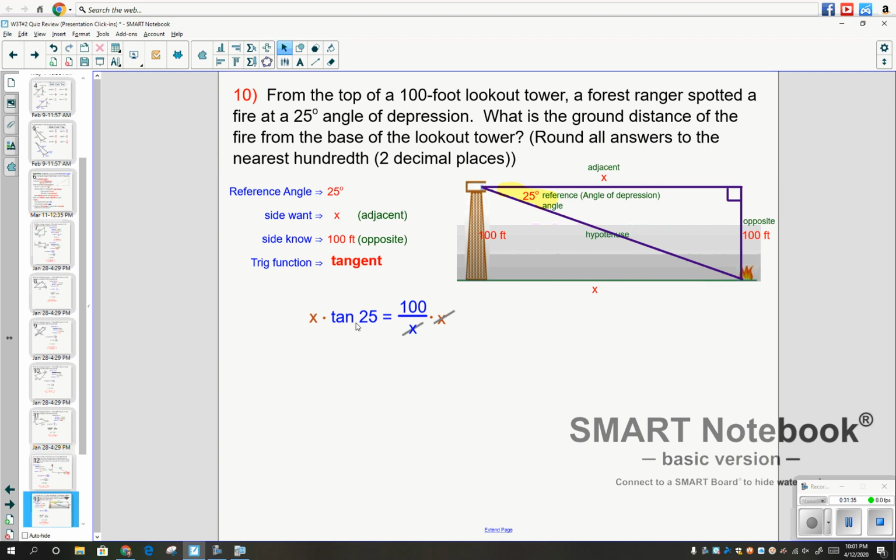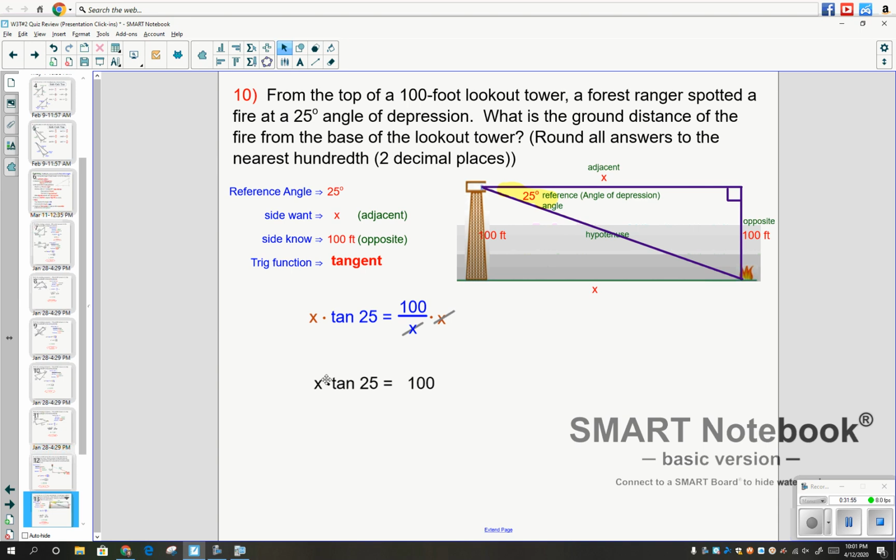So multiply both sides by x. They'll cancel out on the right. I get x times tangent of 25 equals 100.